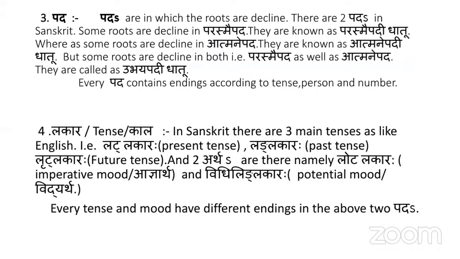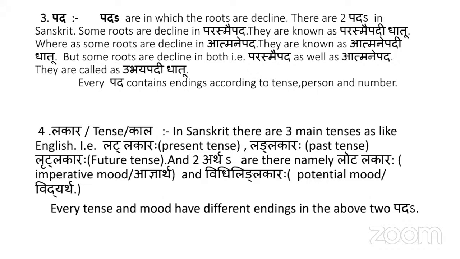And te, te, ante, se, the, dve, these are atmanepadi endings. The roots which are declined only in parasmay pad are called parasmay padi dhatu, whereas the roots which are declined only in atmanepada are called atmanepadi dhatu.